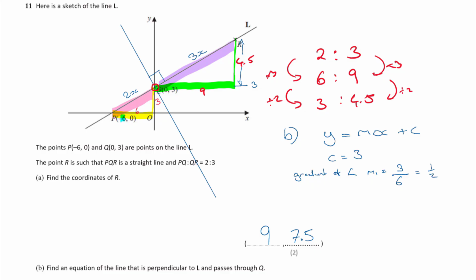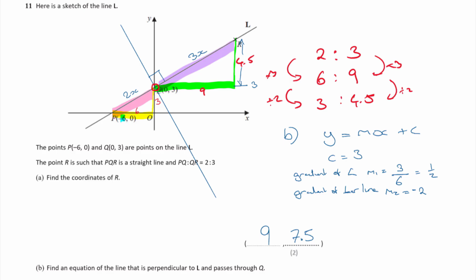Now the gradient of the perpendicular line, which I'm going to call M2, is the negative reciprocal of the other line. So if M1 is a half, I flip that over, so half becomes 2 over 1, or just 2, and then I change the sign so it becomes minus 2. So my perpendicular line has a gradient of negative 2.